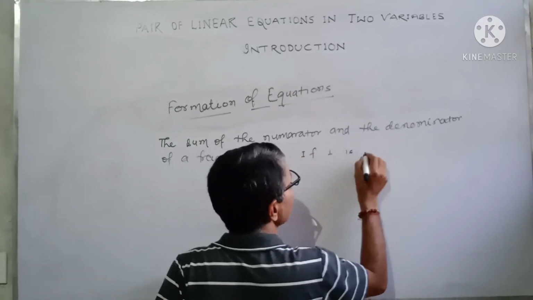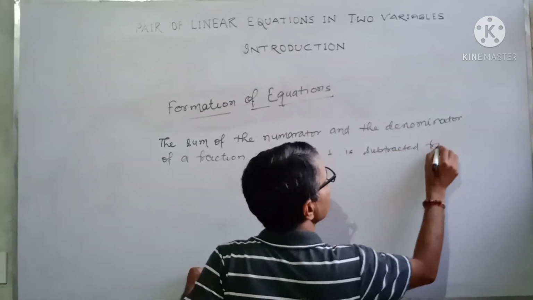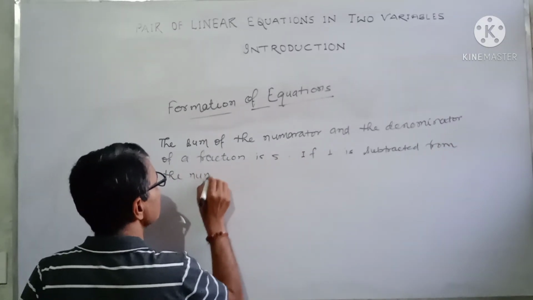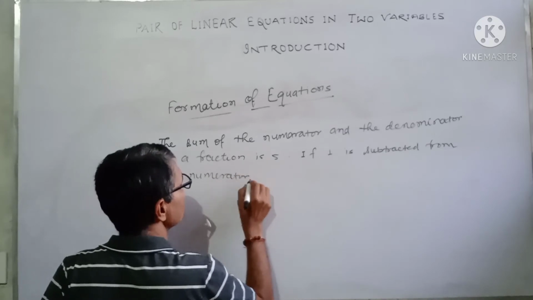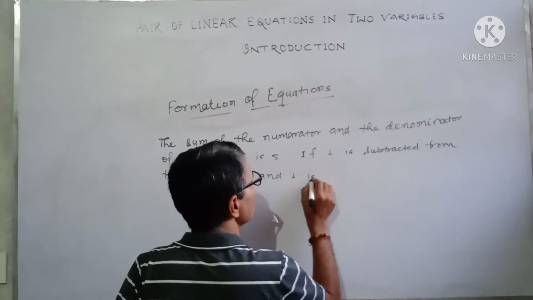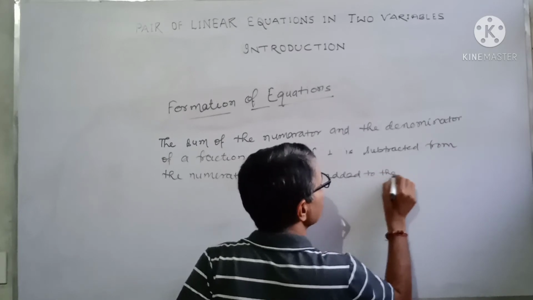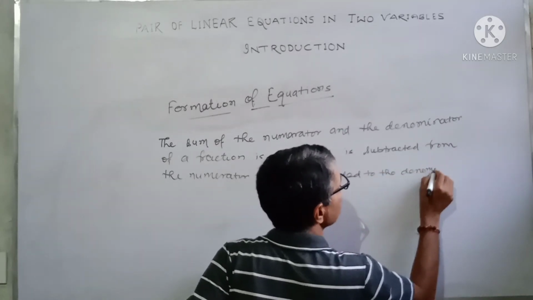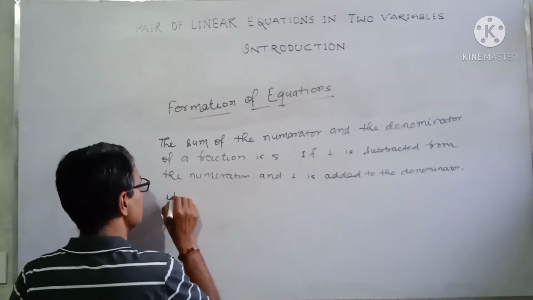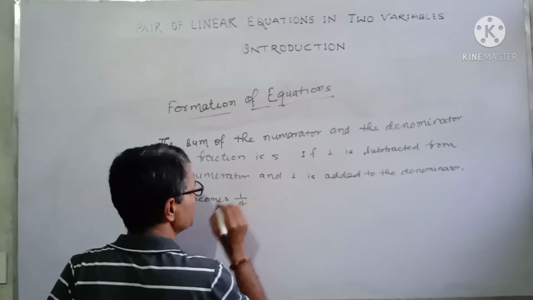If 1 is subtracted from the numerator and 1 is added to the denominator, it becomes 1 by 4.